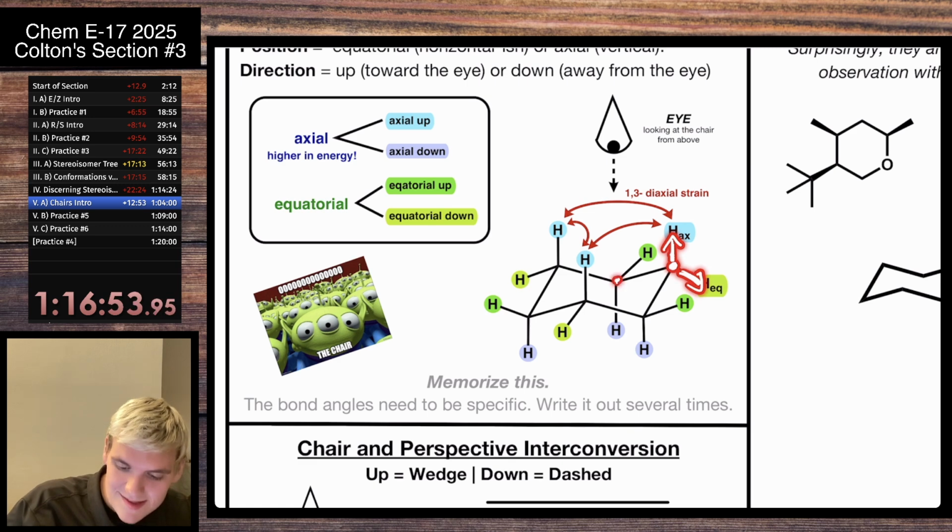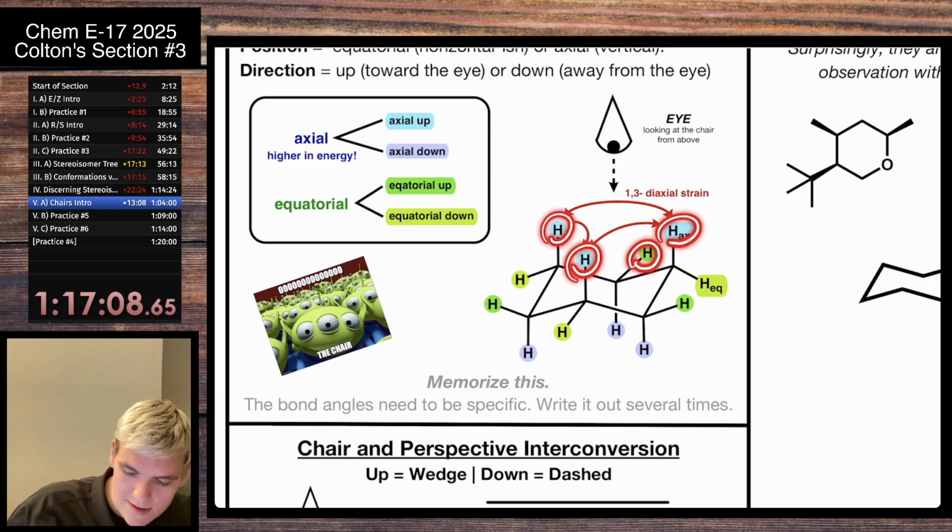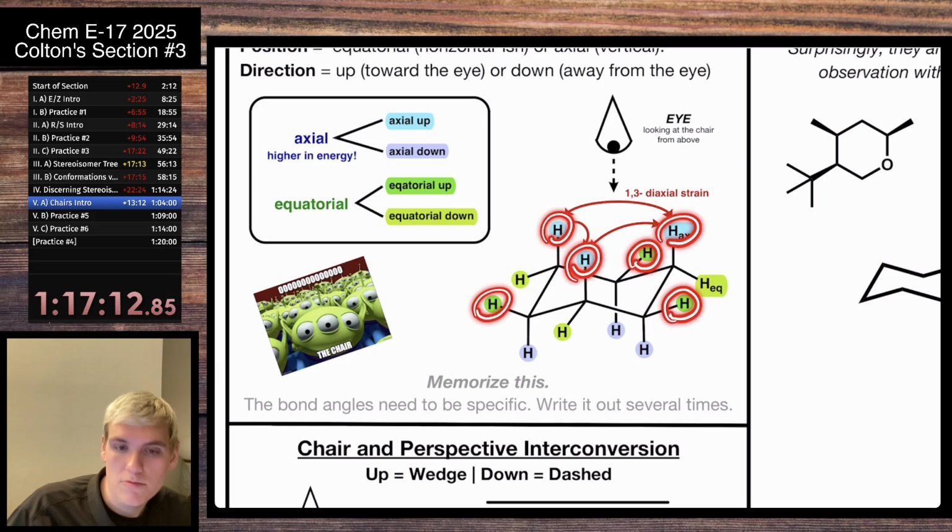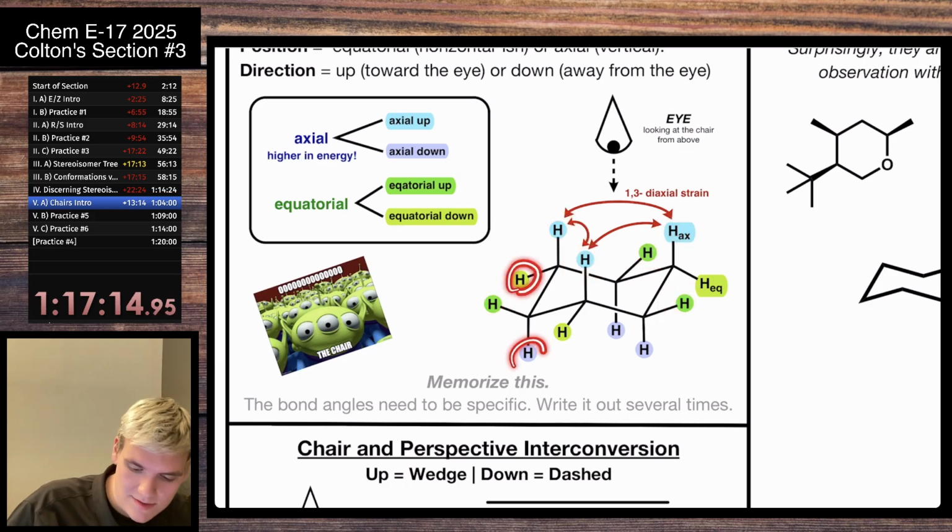For this one, this is the one that's going kind of up and this one's going kind of down. And so each of these substituents on the ring, we can either talk about it as being an up substituent. So like all of these light blues are up and all of these kind of rich greens are up. Or we can talk about them being down. Here, these are the slightly off shades from all the others.